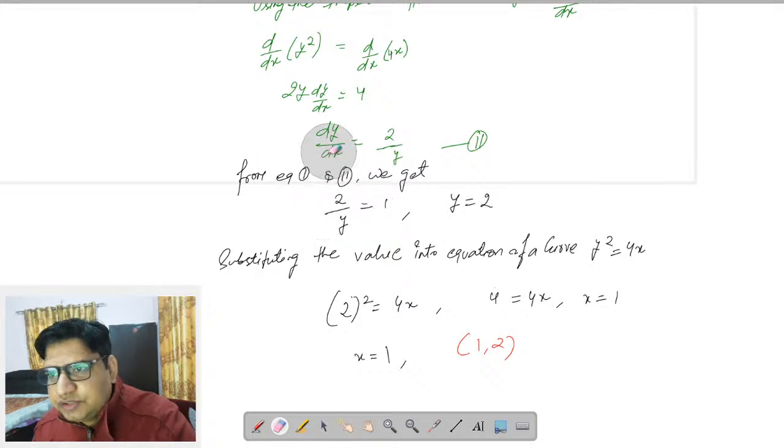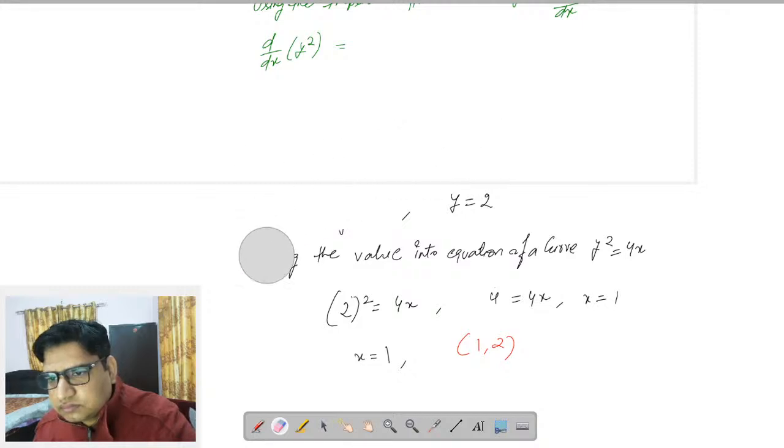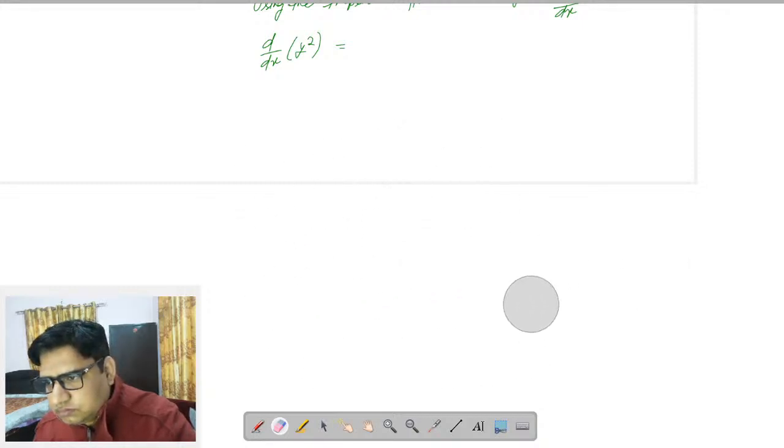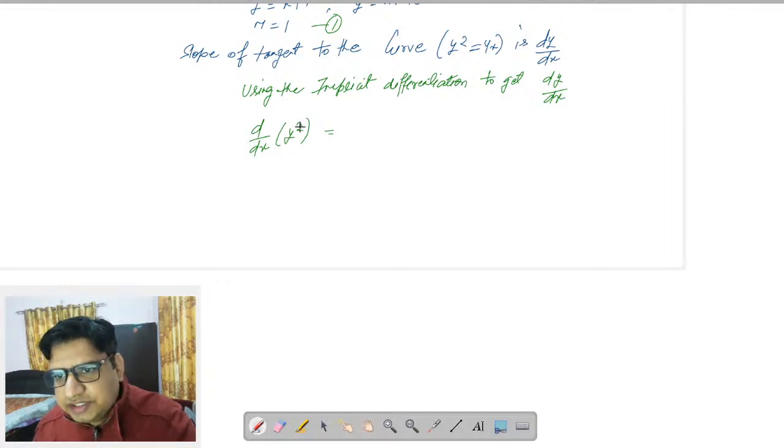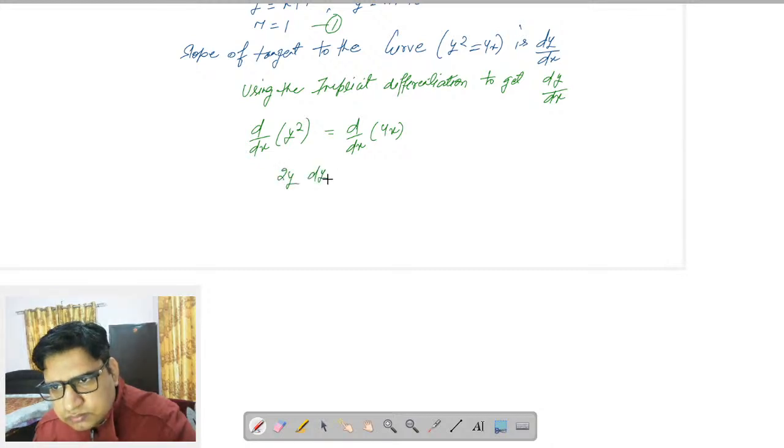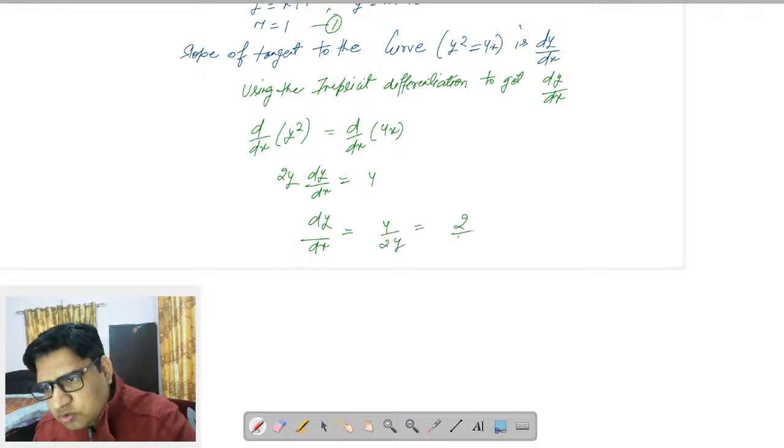Okay, is there any need to solve it further? Okay, let's see. So d by dx of y square is equal to d by dx of 4x, and that will result into 2y dy by dx is equal to 4, and from here we get dy by dx is equal to 4 upon 2y, that is 2 upon y.